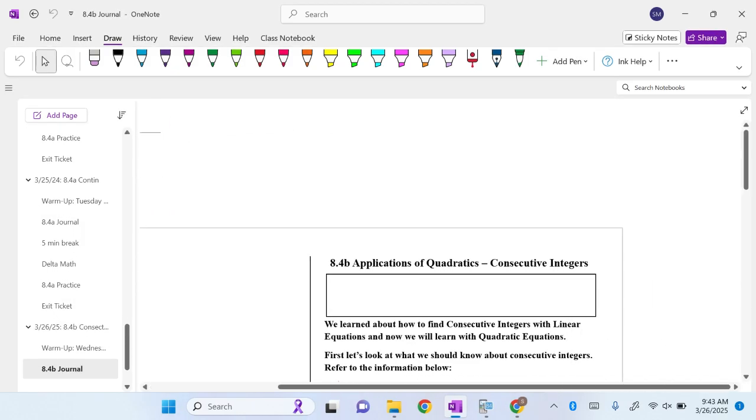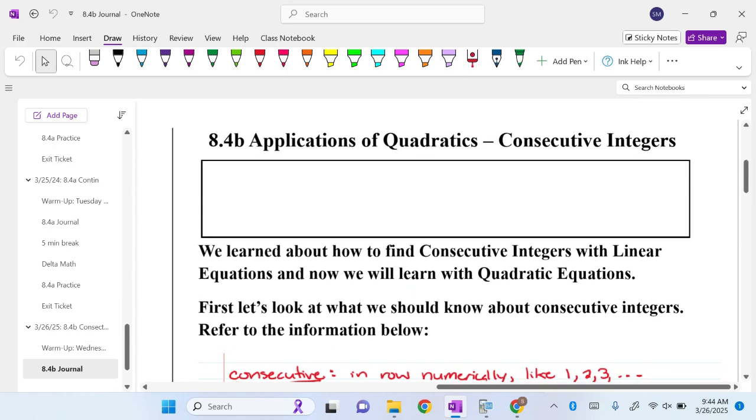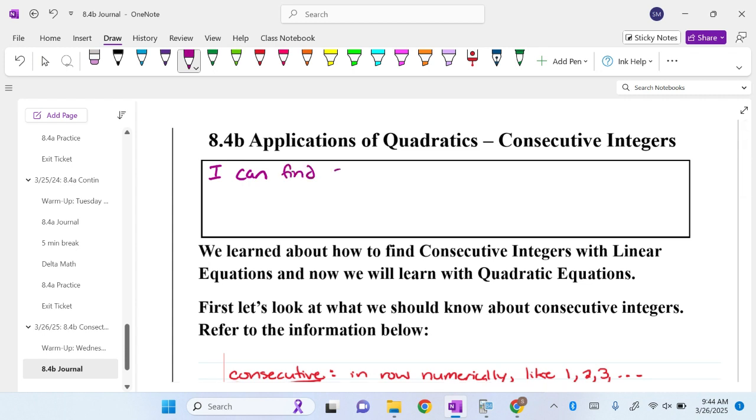So let's look at the 8.4 journal. Your I can statement for this journal is: I can find specific consecutive integers given their product using quadratic equations.